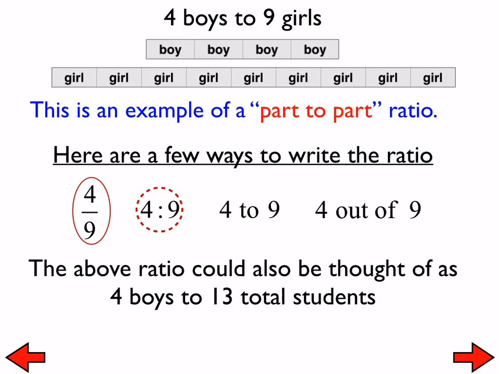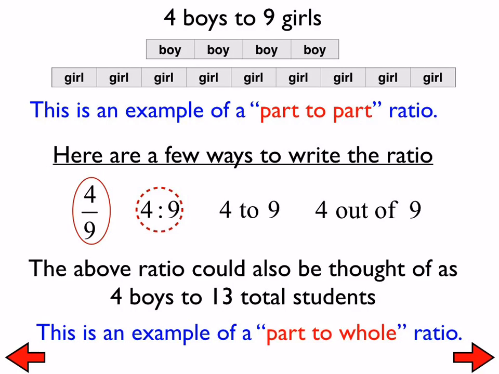And where I got 13 total students is adding the number of boys and the number of girls together. I suppose we could have also thought of it as 9 girls out of 13 total students. And that's an example of a part-to-whole ratio, because 13 is the whole number of students, or the total number of students.